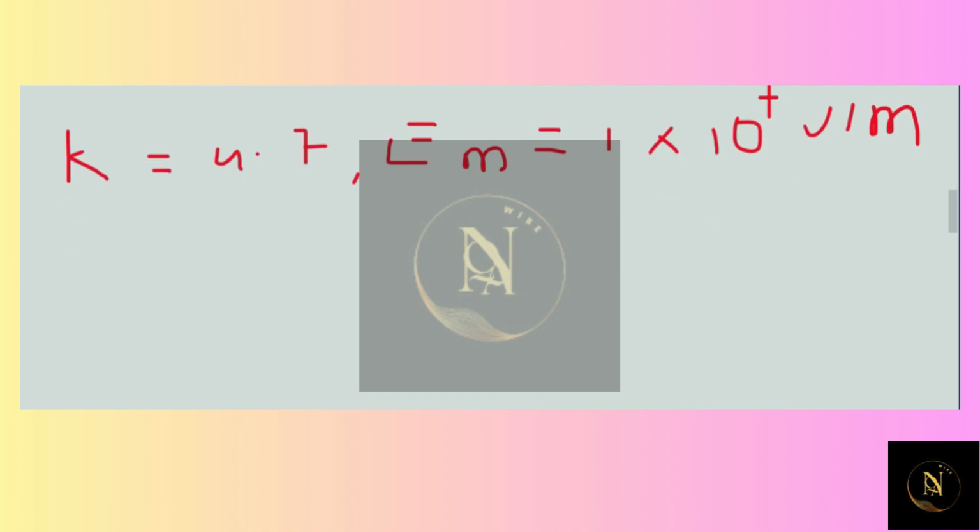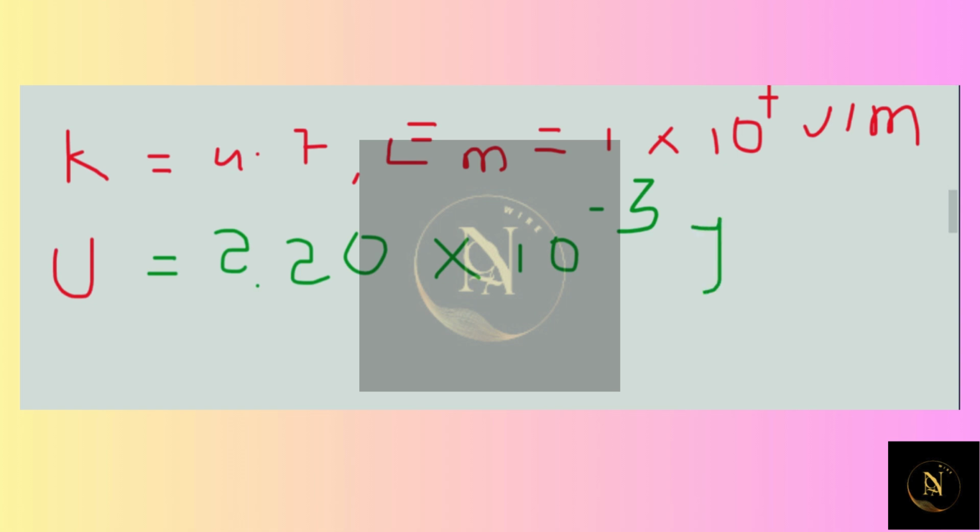Again using the second formula of U, 1/2 K C0 (0.5 EM D) whole square, we will get 2.20 into 10 to power minus 3 joule. As shown by the results, polyester has the maximum energy and will be suitable for the first application.